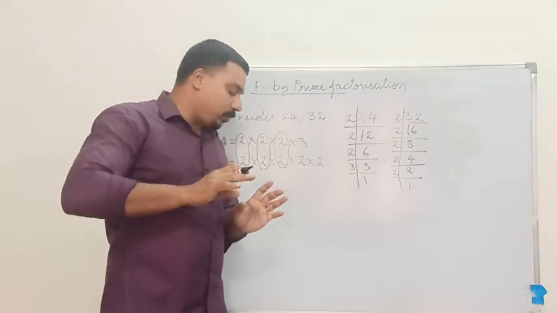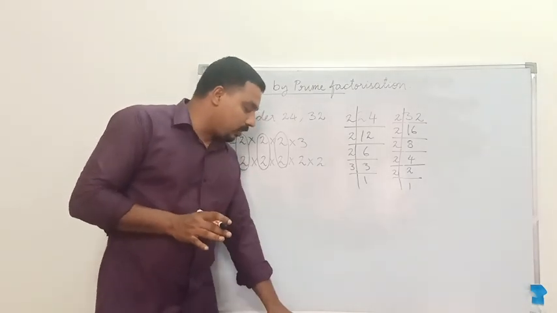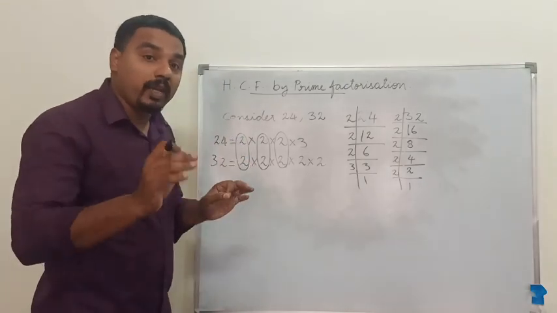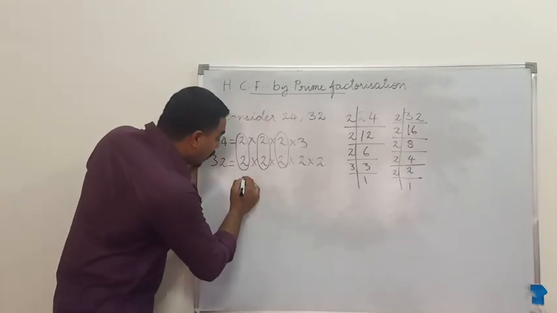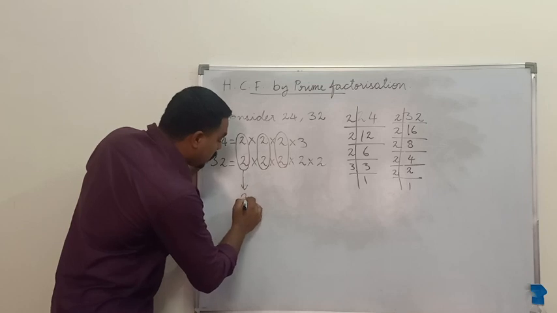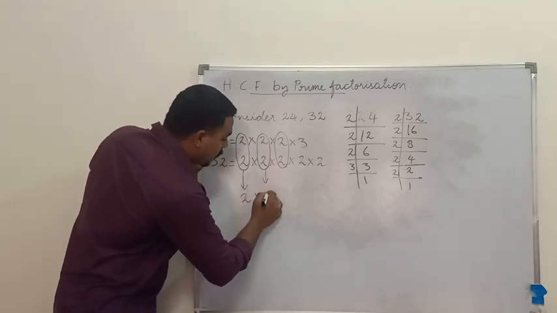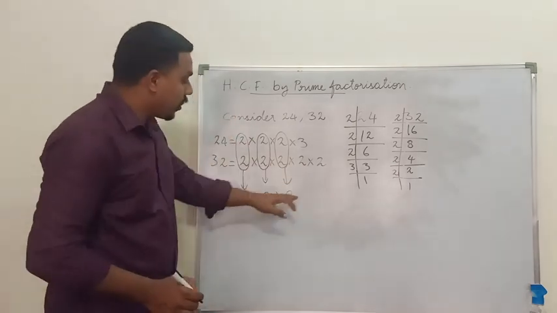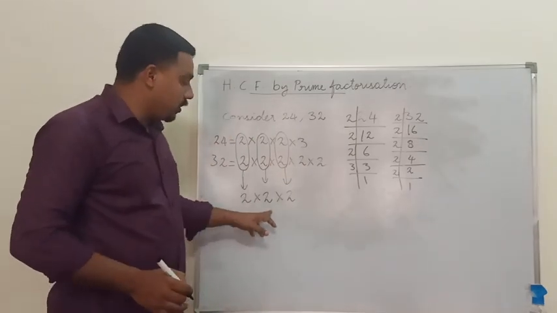So the second step is completed, and the third step is to multiply all common factors. We only need to multiply the common factors. 2 into, what is the next one? 2 into the last one, 2. Now we need to multiply this.